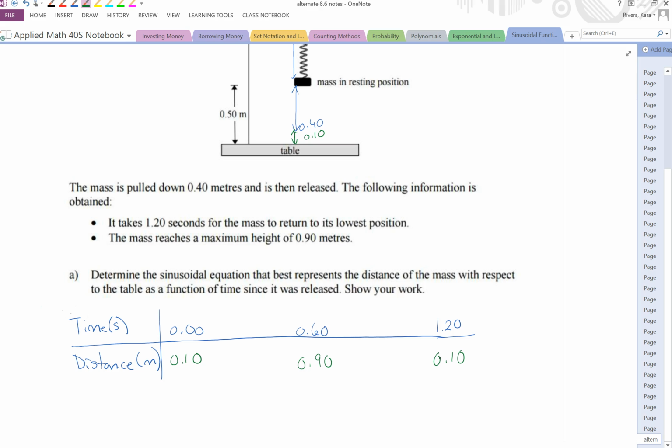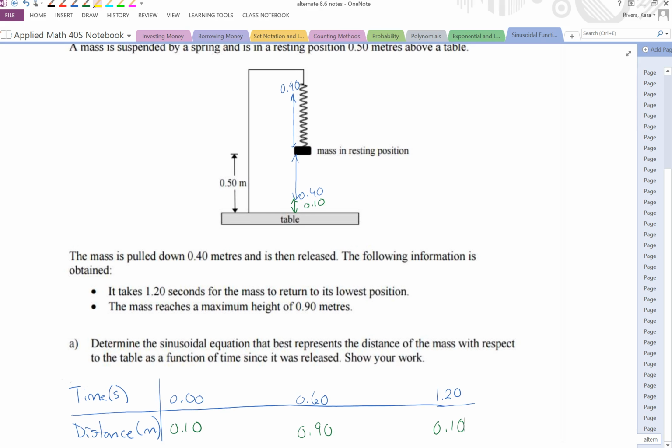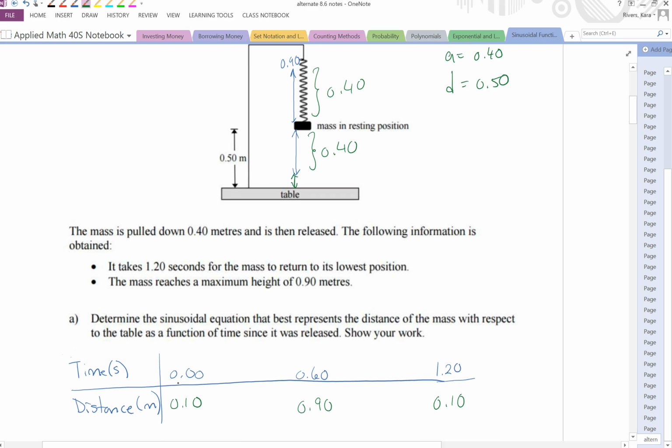So what's happening in between all of that? Well, we know that halfway in between is our resting point, because you can see from here, this distance is 0.40. This distance is 0.40. So that's like our A value is 0.40, right? And then this midway point is where we have our resting point, and that's like our D value, 0.50. So that's in between those.